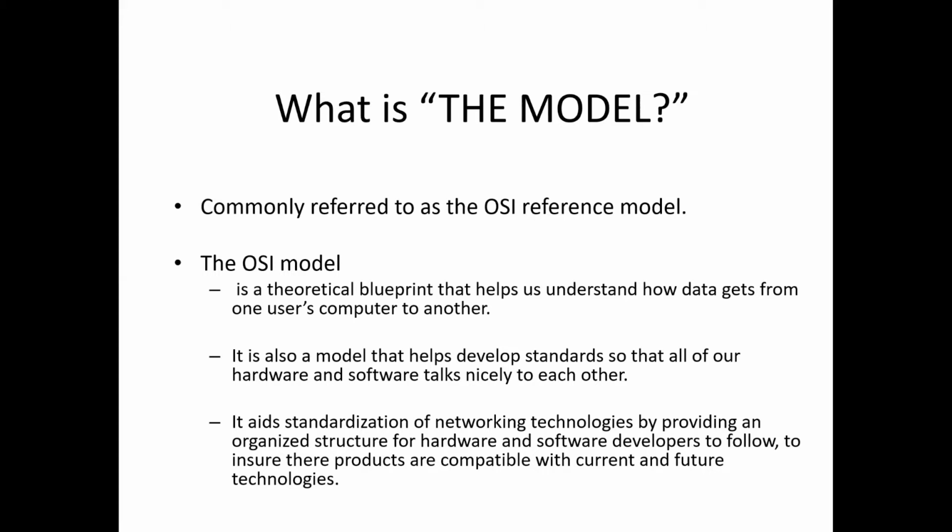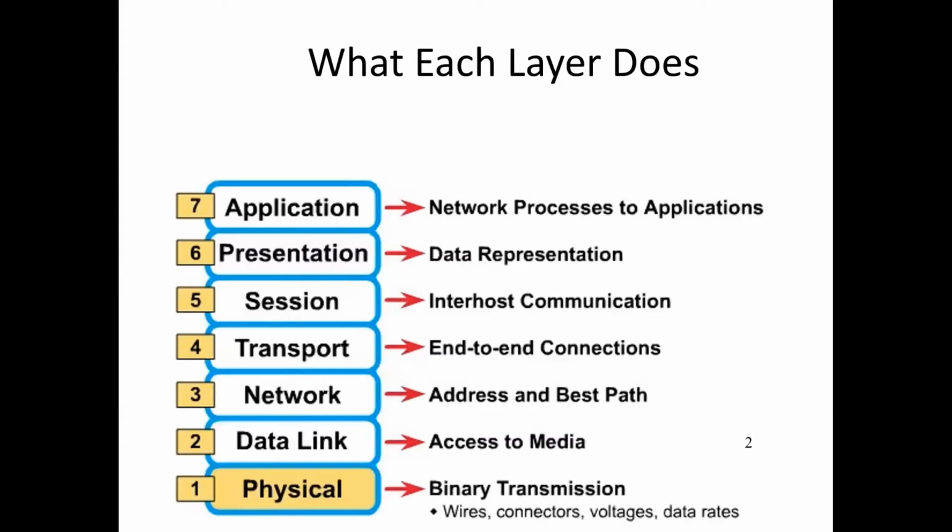So we can say that here there are two systems, host A and host B, and how they communicate with each other. All the flow is shown by the OSI model. This is the diagram of the OSI model.